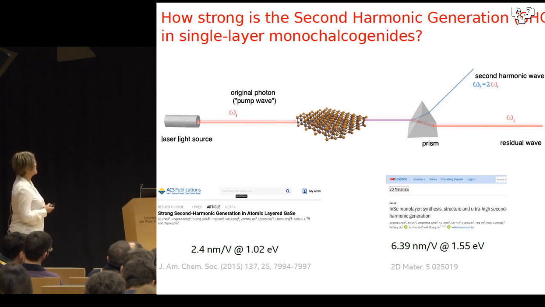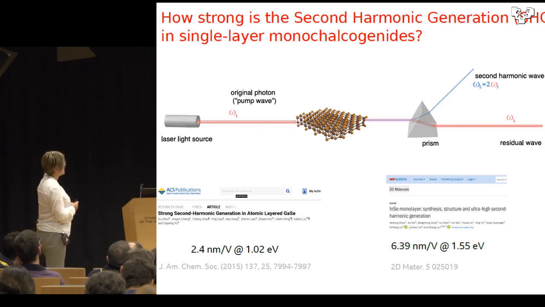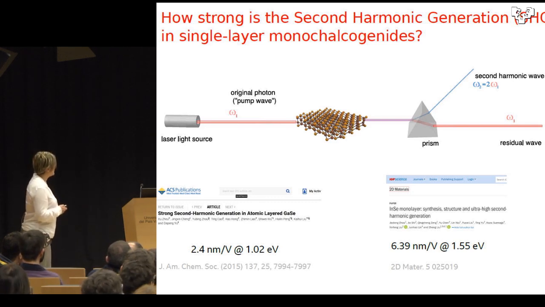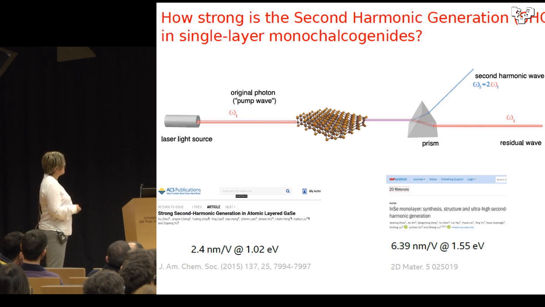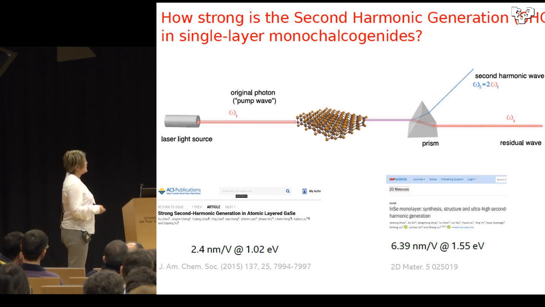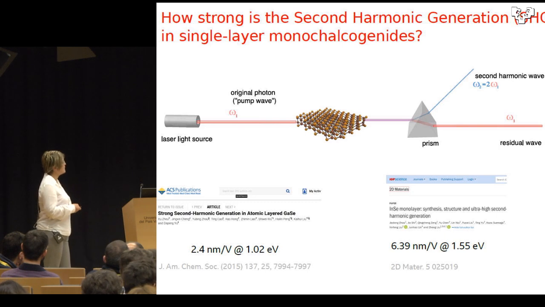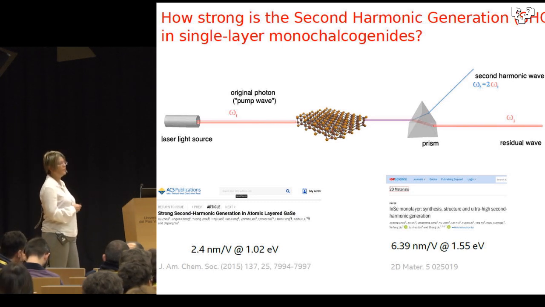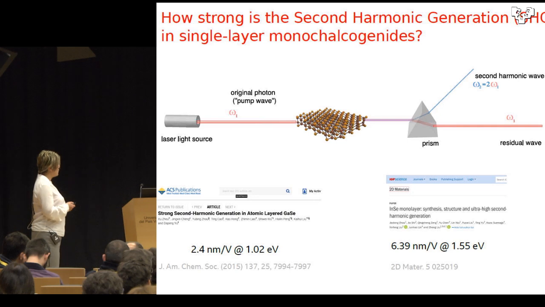Just as an example, this is the second harmonic generation in single-layer monochalcogenides. For second harmonic generation, we pump a given frequency, and in transmittance we not only have the residual signal at the pump frequency, but we also have harmonics, and in particular here we are looking at the second harmonic.